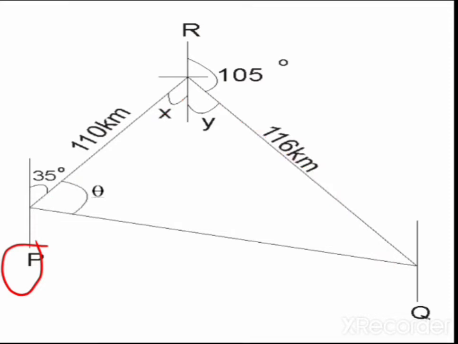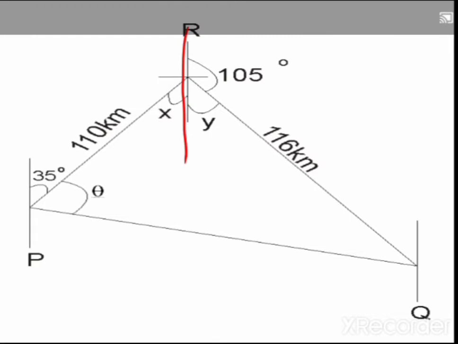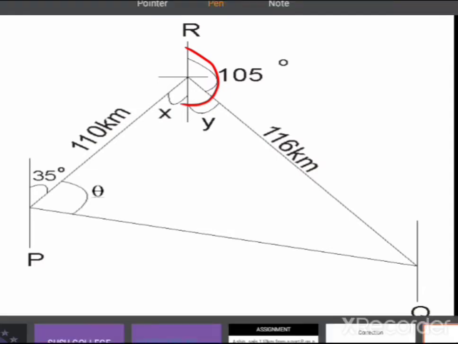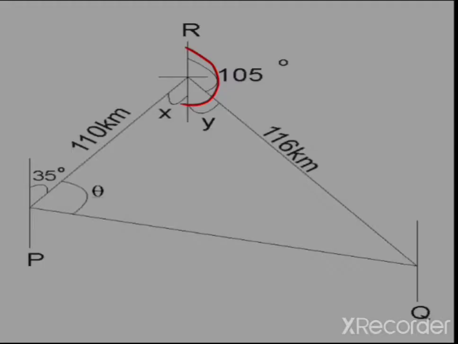So before we proceed, let us find angle Y. If we look, this is a straight line. Yes, that's a straight line. And since it's a straight line, the sum of angles on a straight line is 180 degrees. So this entire angle is 180 degrees.